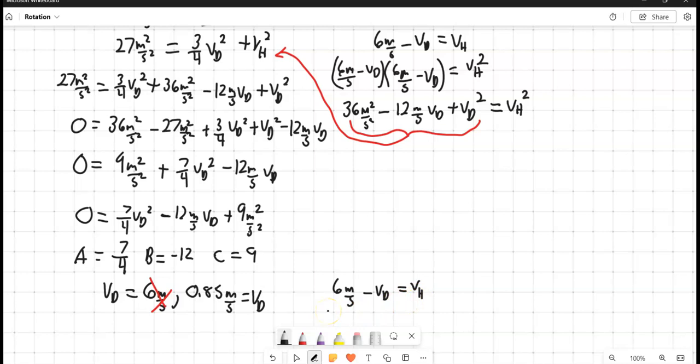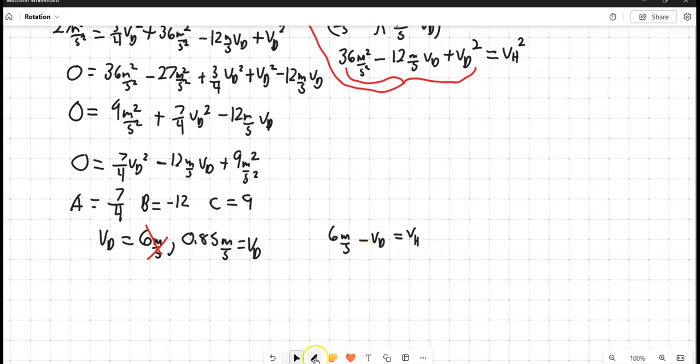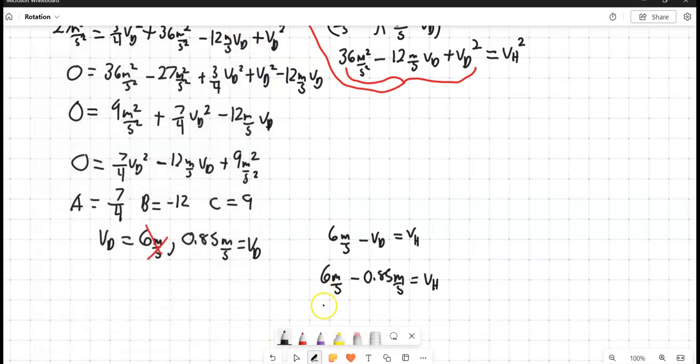So if we plug in our realistic value for the speed of the disc after the impact, this is going to be 6 meters per second minus 0.85 meters per second. And that's going to be the velocity of the hoop after the impact. I don't really need a calculator for this. This is going to be 5.15 meters per second after the impact, and that's the velocity of the hoop.